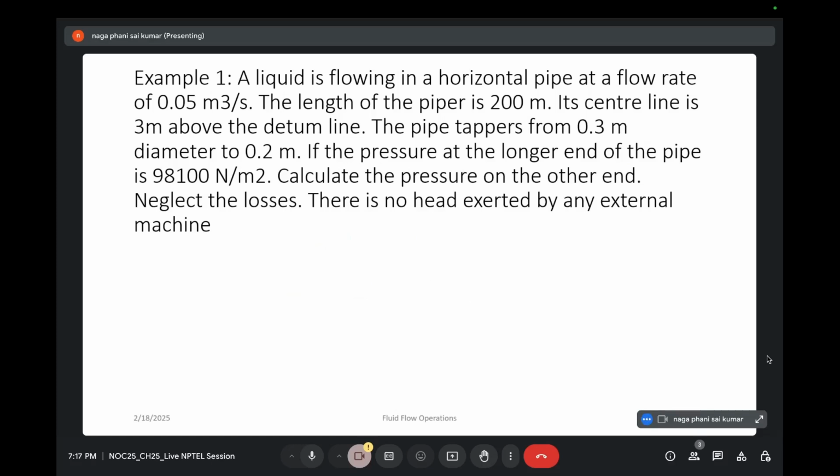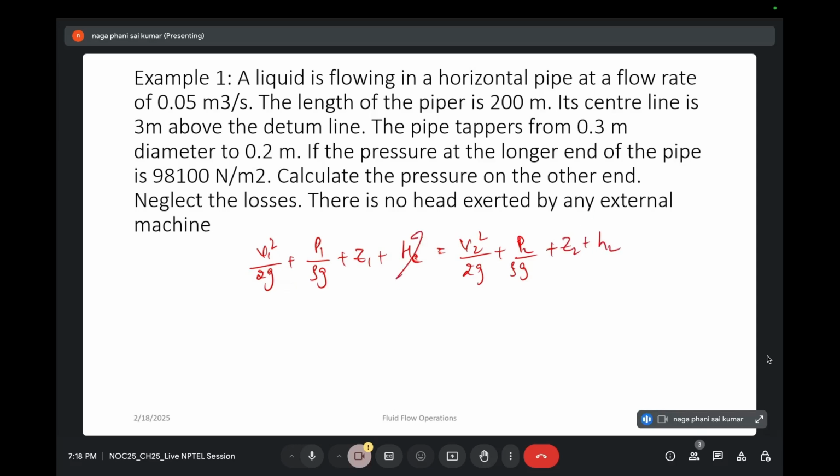There is no head exerted by any external machines. So we have to apply Bernoulli's equation. What is Bernoulli's equation? V1 square by 2g plus P1 by rho g plus Z1 plus He, that is any external heads, will be equal to V2 square by 2g plus P2 by rho g plus Z2 plus Hl, that is frictional losses.